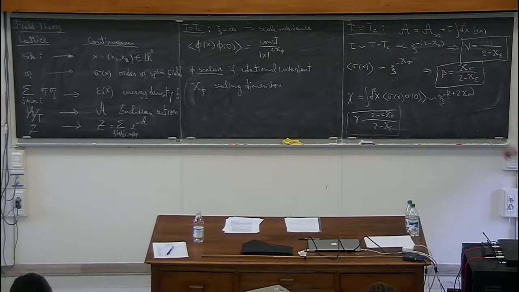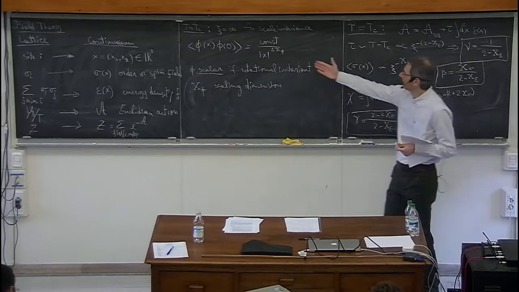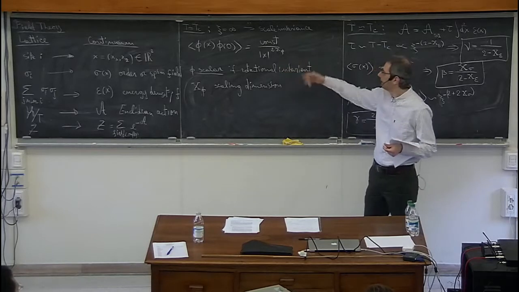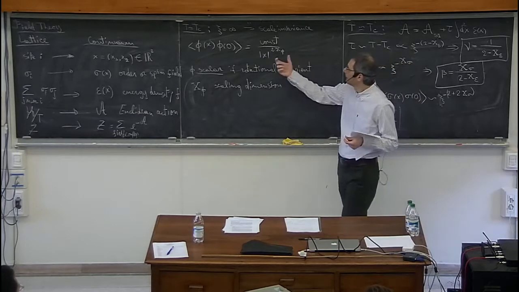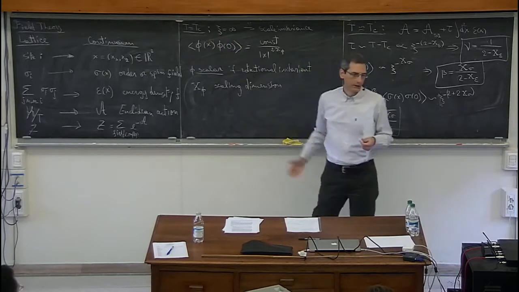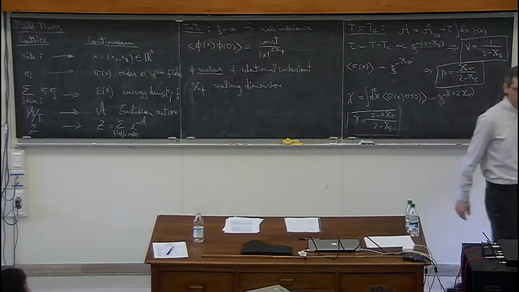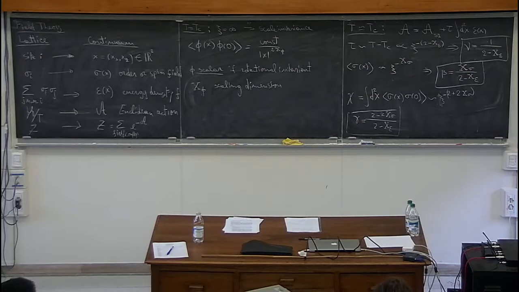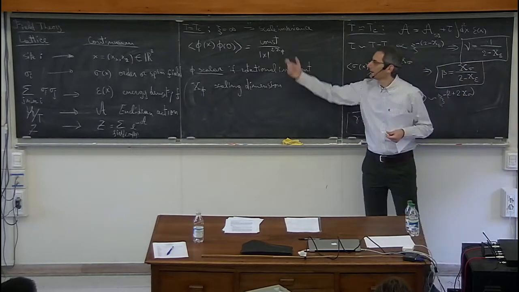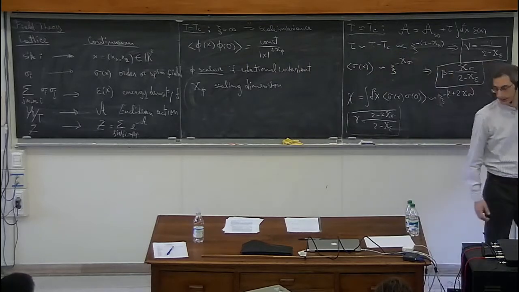Now, one thing that you see is that these scaling dimensions are defined at criticality. So in the end they will be determined by the field theory which describes the critical point. So these are quantities that, theoretically and not only experimentally, can be determined at criticality.